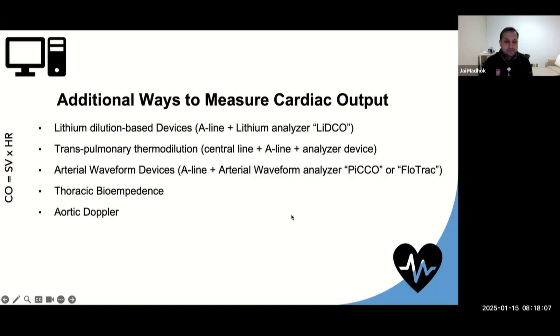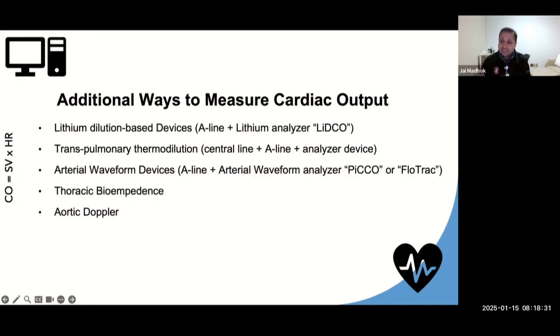So, for example, the lithium dilution-based devices, or the LiDCO, where you have an arterial line and you inject a little bit of lithium in it, it measures the lithium concentration changes, calibrates the machine, and then using your arterial waveform and a mixture of the lithium dilution as well as the pulse contour analysis will give you a cardiac output. Similar to that is transpulmonary thermodilution, where a central line and an arterial line are placed.